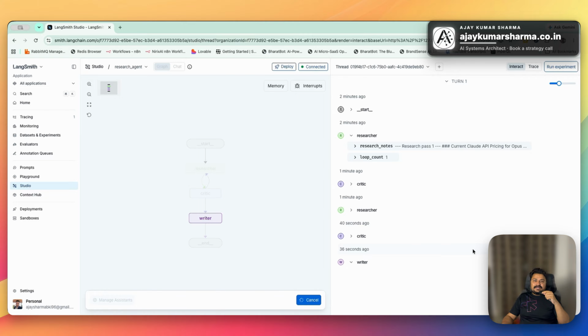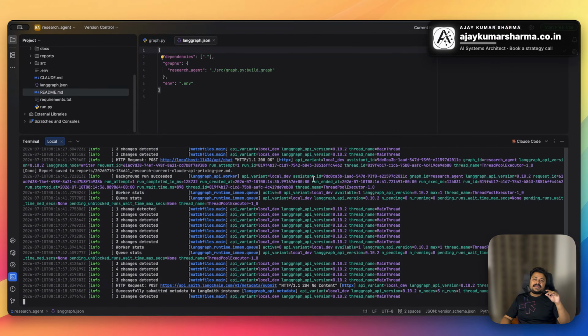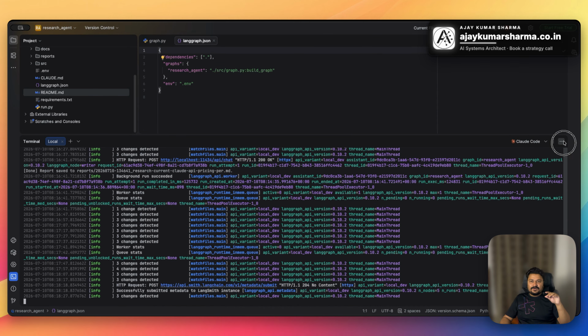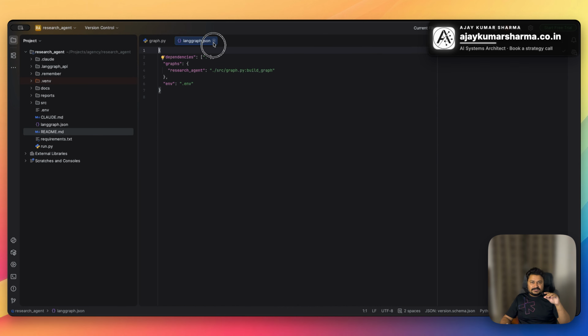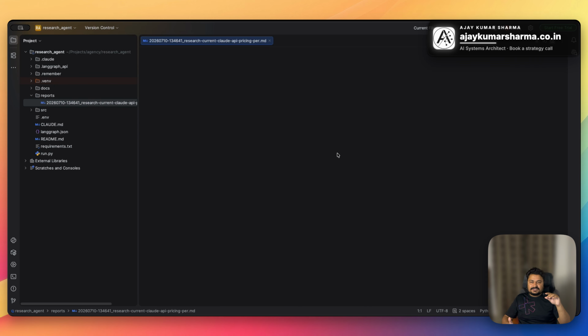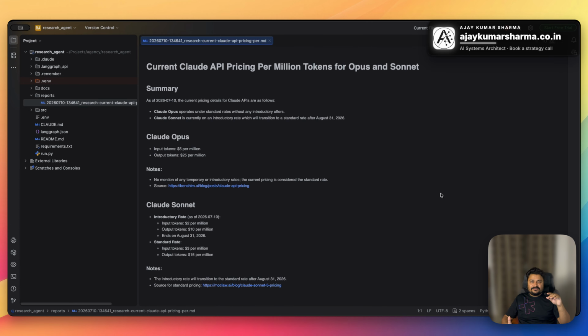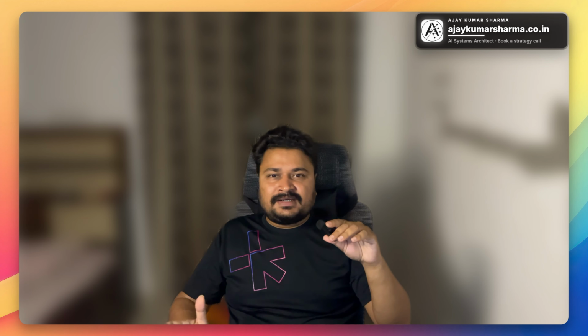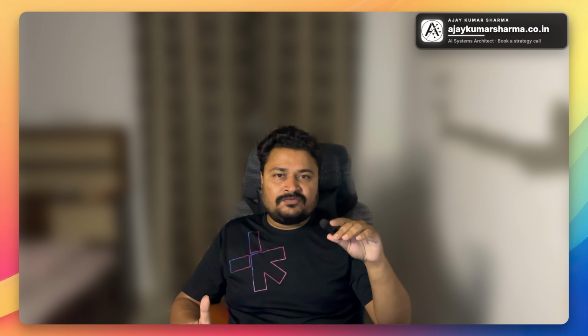This time the critic is happy with it and the writer takes over. And there it is, a full markdown report, sourced, structured and written without me touching anything after the first command. This is the difference between an AI that answers once and an AI system that actually checks its own work.